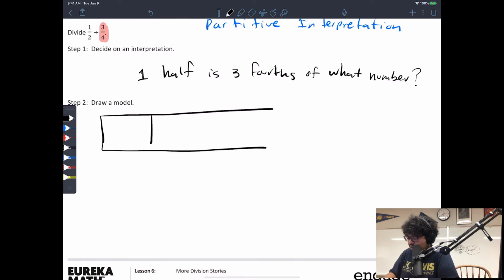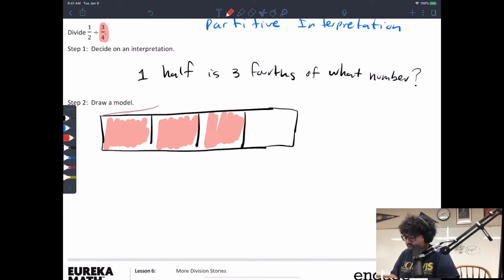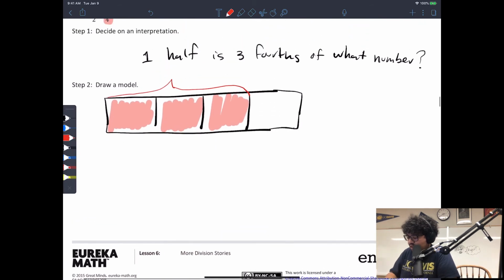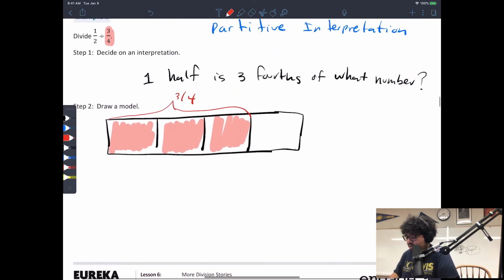There's 1, 2, 3, and 4. Now we're shading in 3 out of the 4. So this is my 3 out of the 4 to represent my second fraction.